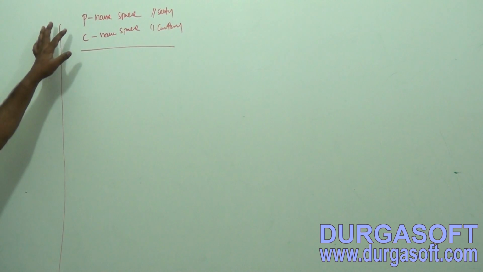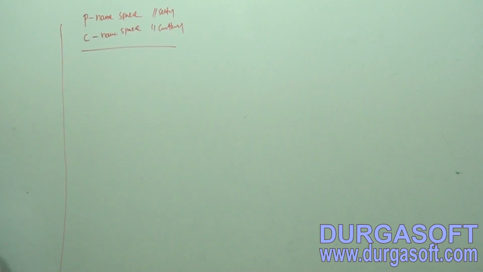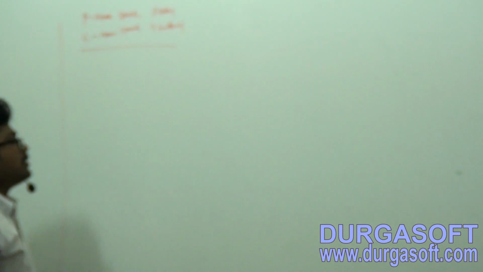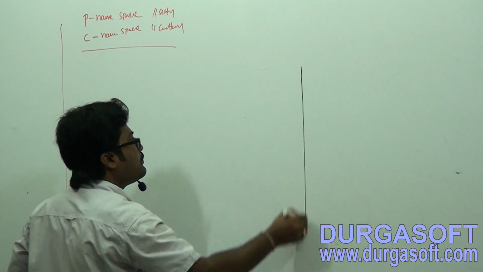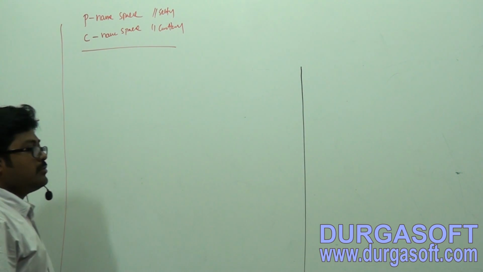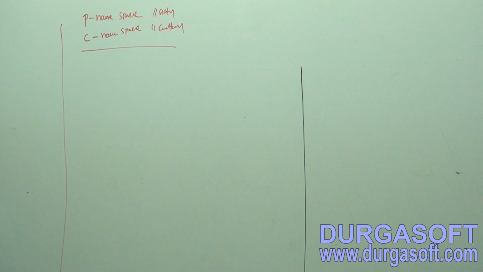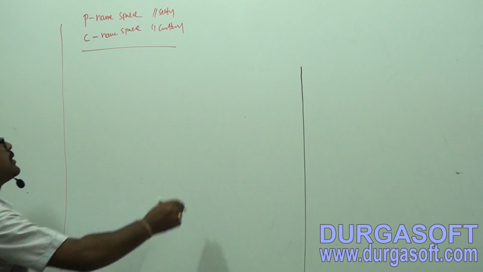So if I go through this P and C namespace, I can reduce the number of XML tags. So then you can improve performance while reading the XML document. So I'll show you both the differences, the normal approach and the P and C namespace, how we need to inject.